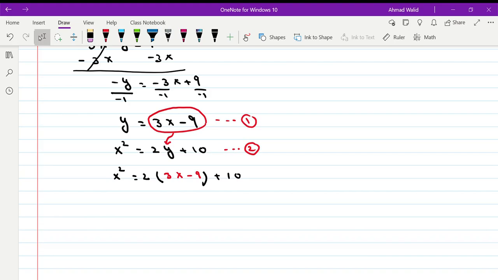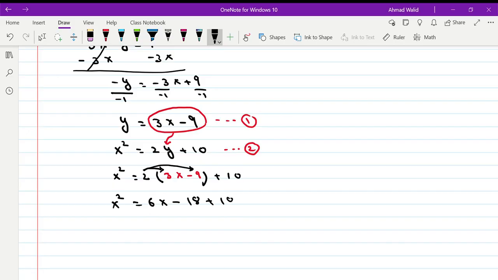Let's simplify this and solve. We already know how to deal with quadratic equations, correct? Then x squared equals 2 times 3x gives you 6x, minus 2 times 9 gives you 18, plus 10.